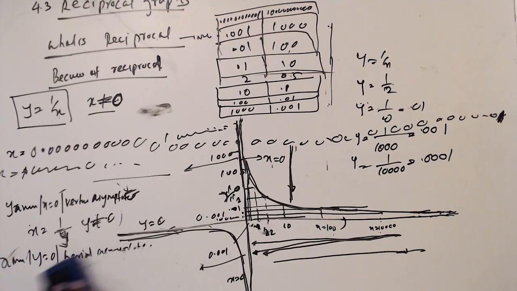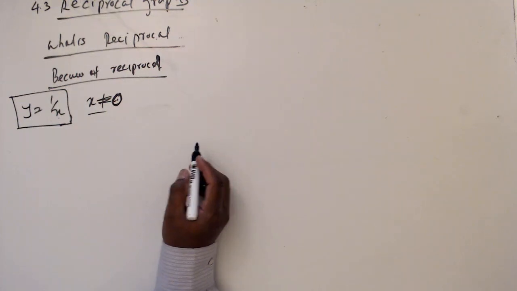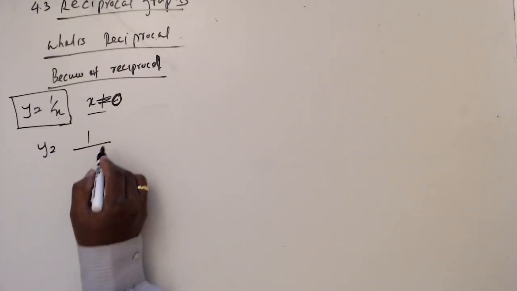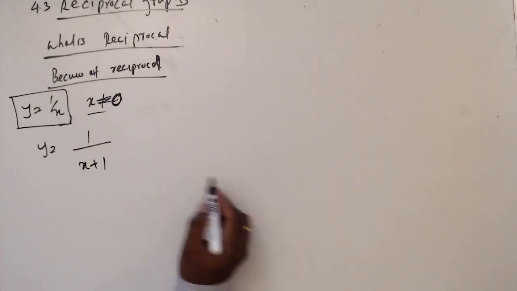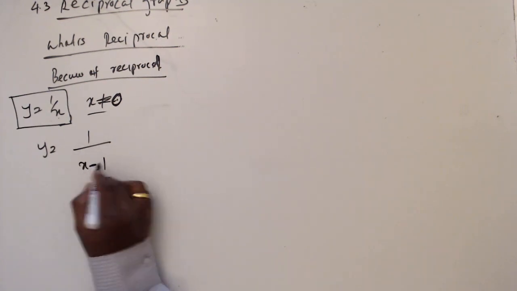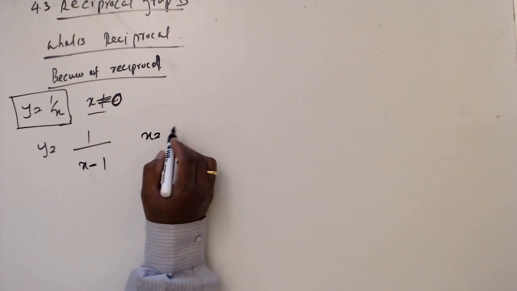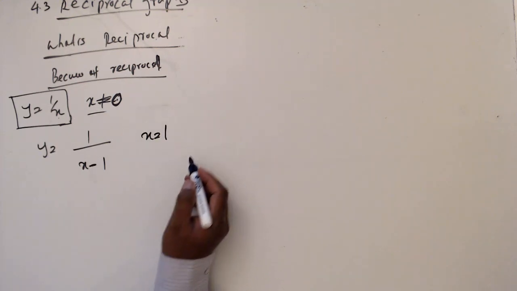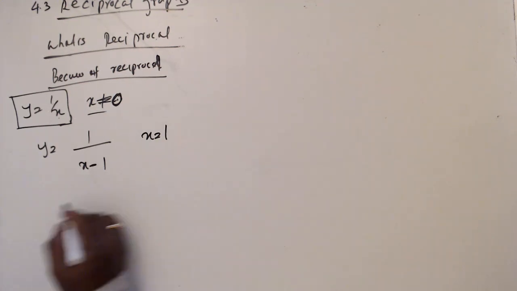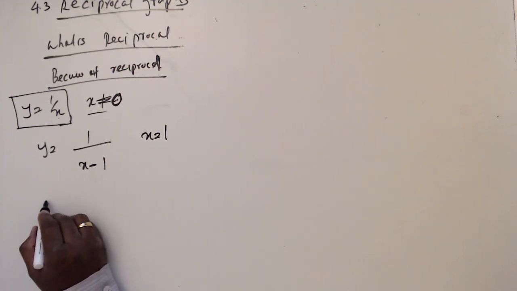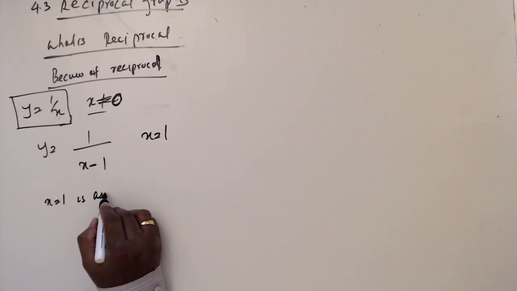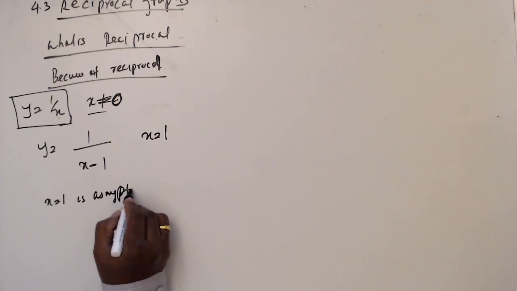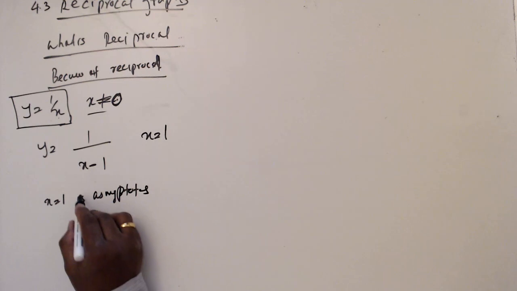Now let's discuss another function. I will write 1 over x minus 1. They will say that x can't be 1. Then what is the asymptote? x equals 1 is an asymptote.